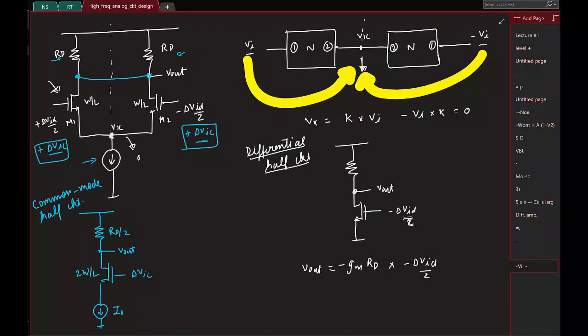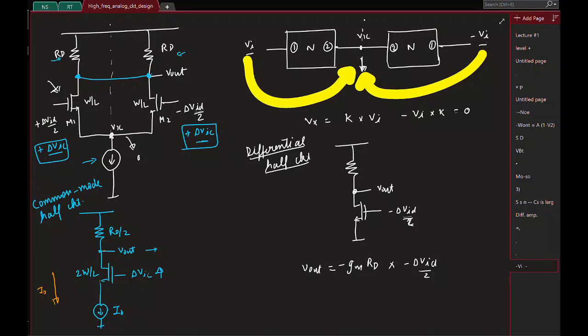Great. So now let's say I apply this increment in the gate here. What will be the increment in the output voltage? Why? Yeah, so basically you see that the transistor is biased with a constant current. So the current is always going to be same. Whatever you do at the gate, the output voltage is not going to change.